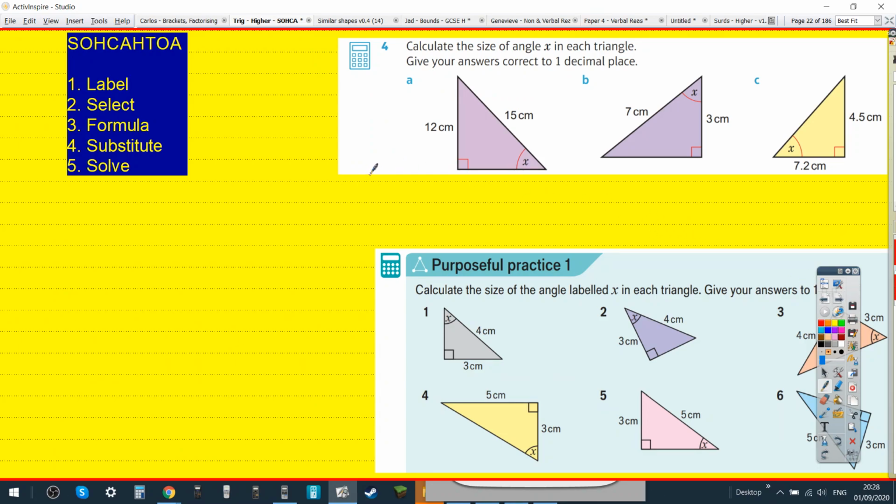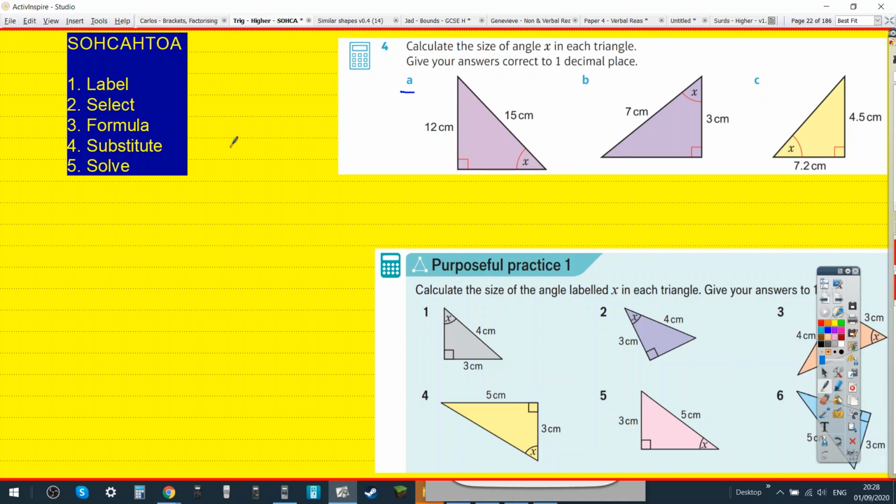Okay, so now we're going to put it together. So these are the 5 steps. Basically, so we'll do 4A. You're given a triangle. This side is 12 centimeters. This side is 15. You have to figure out what is the angle. So we can follow our 5 steps. So first, label the sides.